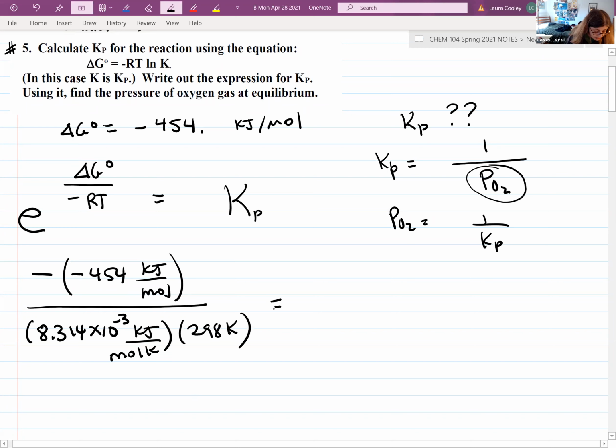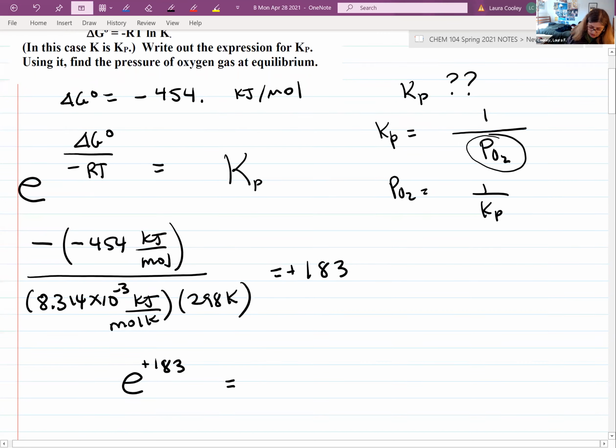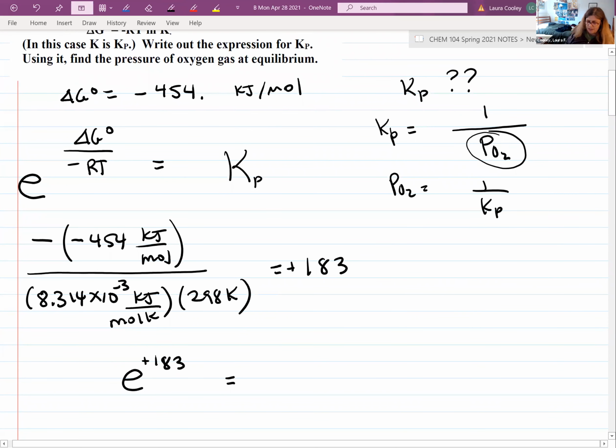And that comes out to 183. So we have E to the 183. Yeah, this is so large. I don't even know if your calculator can do this. 183. Yeah, it comes out to 3 times 10 to the 79th.